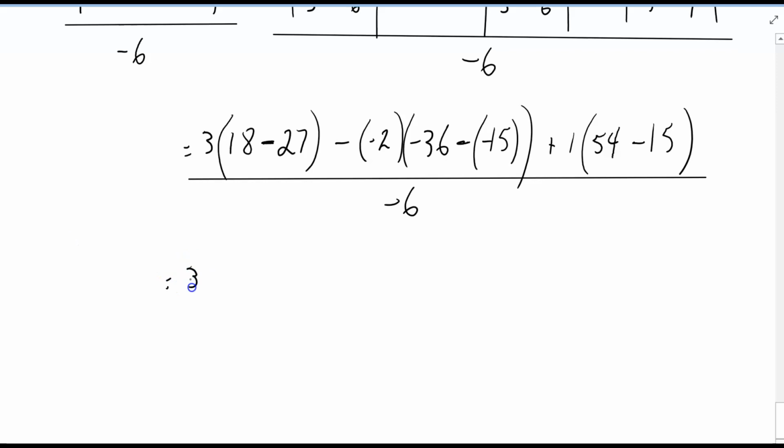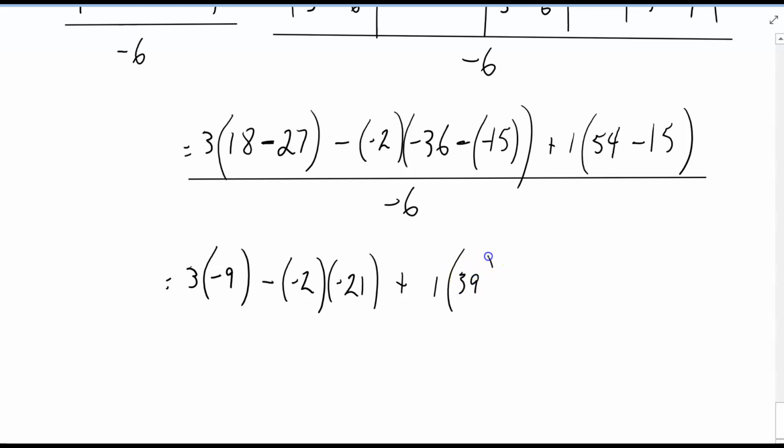Okay, 3 times 18, subtract 27. That leaves us with a minus 9. And minus 2 times minus 36 plus 15 is minus 21. And 1 times 54 subtract 15, which is 39. And all over negative 6.